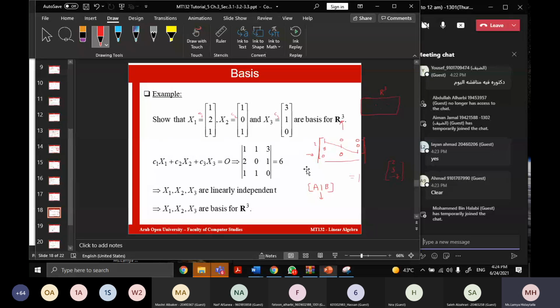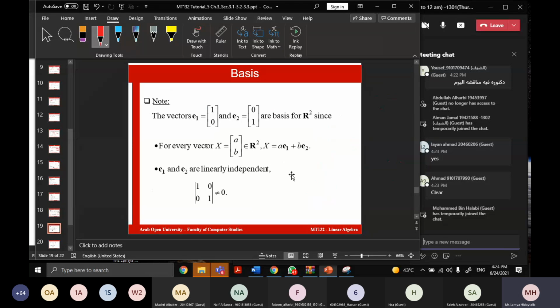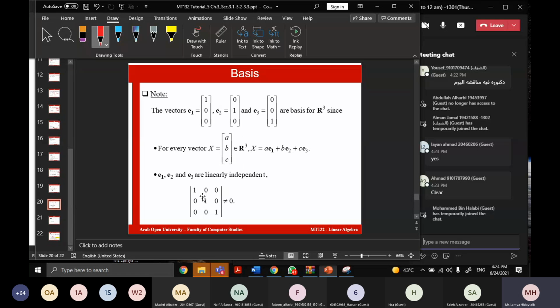In R4 it must be 1 0 0 0, then 0 1 0 0, then 0 0 1 0, then 0 0 0 1, correct, 4. Then immediately it's clear they are bases. For others, yes, like here in this example, we found that also they are bases for R3. Okay? And this we already did. These are bases for R3, correct?